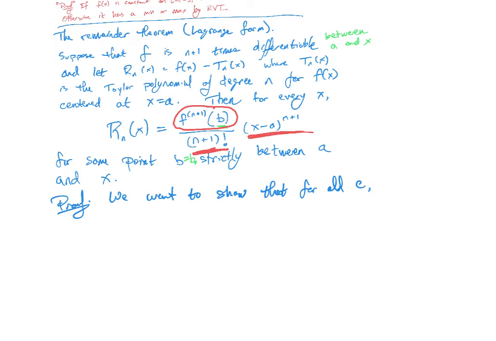Okay. Because all we're assuming is that that n plus first derivative exists. Because we said we're n plus 1 times differentiable. Okay?